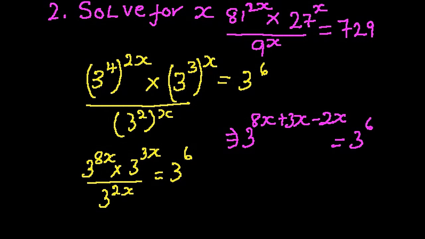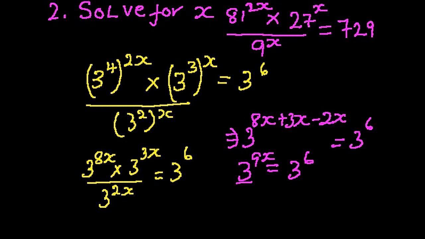Therefore we have 8x plus 3x that will give us 11x, 11x minus 2x that will give us 9x. So 3 to power 9x is equal to 3 to power 6.